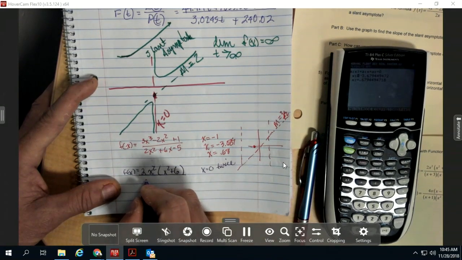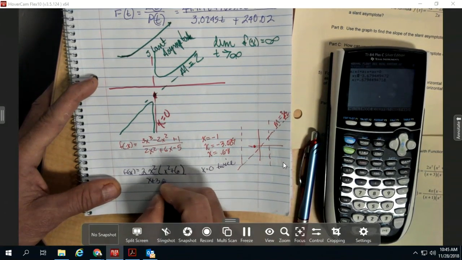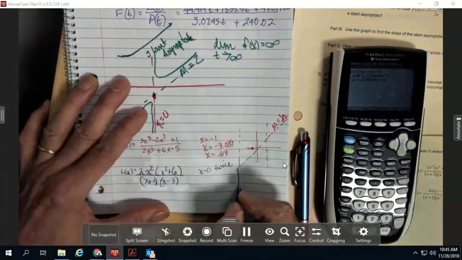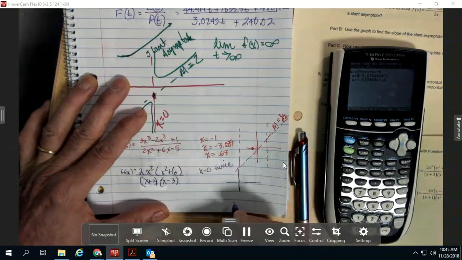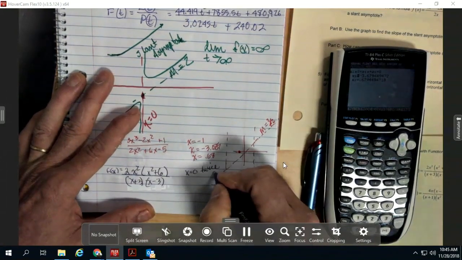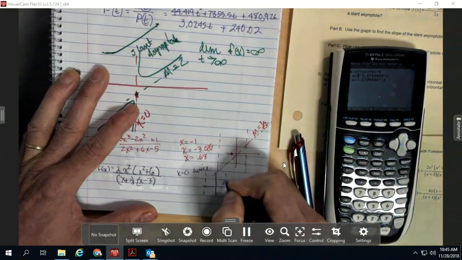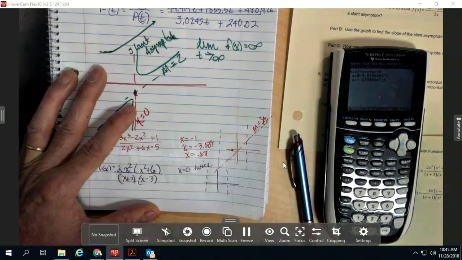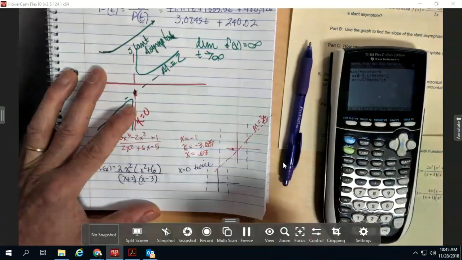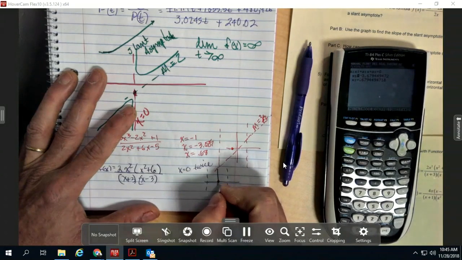In the denominator, it's x plus 3, x minus 3. So I have a vertical asymptote at -3, a vertical asymptote at +3, and I'm going to touch at 0.